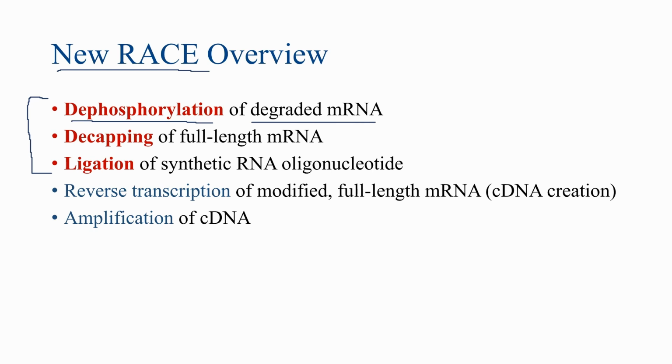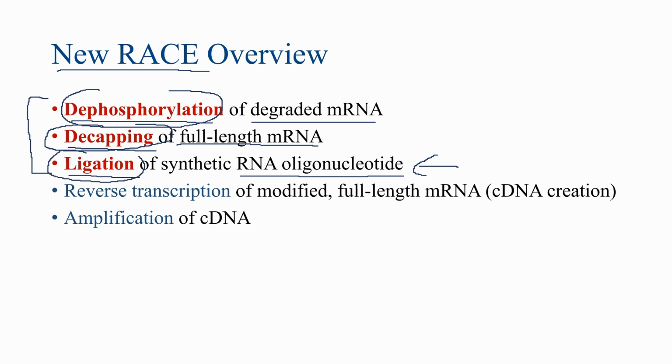In addition, you will be performing decapping of the full-length messenger RNA, and then you will be performing ligation of a synthetic RNA oligonucleotide, either to the 3' end or the 5' end, depending on whether you're performing 3' RACE or 5' RACE. I will discuss the need for dephosphorylation, decapping, and ligation, and why they're important as I discuss 3' RACE and 5' RACE.